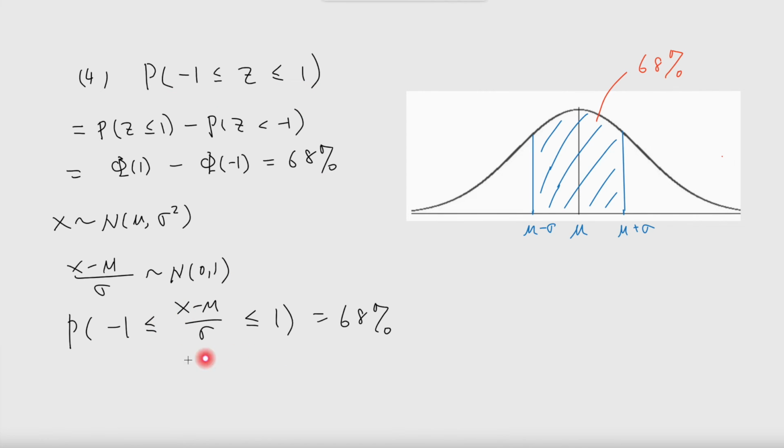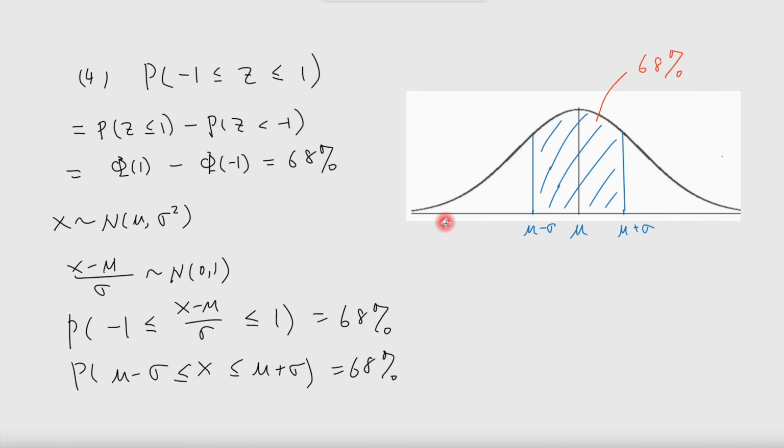Now this can also be written as the probability X is less than or equal to mu plus sigma and greater than or equal to mu minus sigma. This is also equal to 68%. So this means the probability that X is within one standard deviation of the mean is 68%.